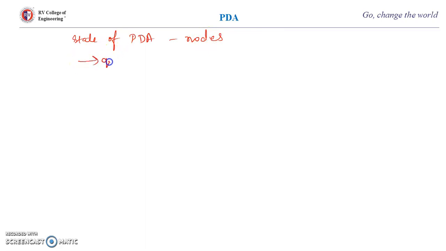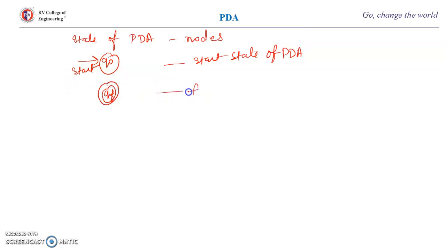So this is how we will represent the start state of the PDA, and then a final state, the node of the graph represented by two concentric circles, is the final state of the PDA. So we will be having the final state like this. So this will be the final state of PDA.